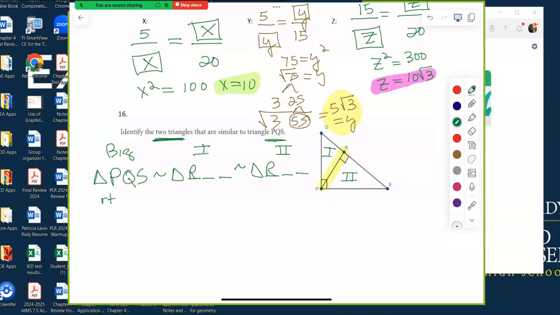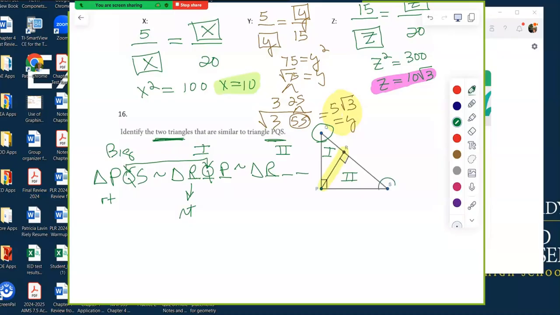Okay, then look at triangle number 1. Do you see how both triangle number 1 and the big triangle have angle Q in common? Q is in the second spot. Put Q here. Then the third letter in that small triangle 1 is P. Just place it in. Okay, so far I know this is a right angle, and Q are the same angle. Let's analyze triangle 2.